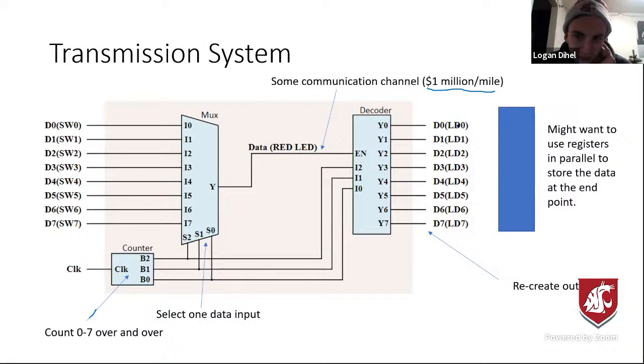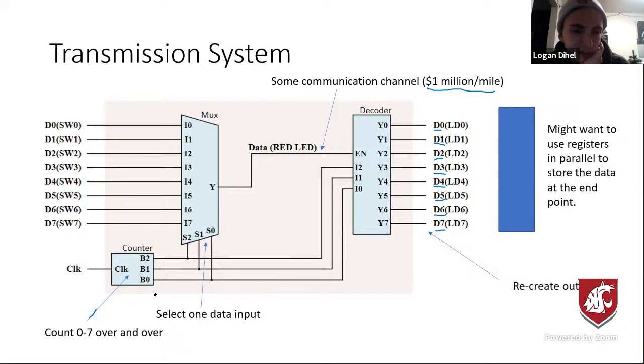In some real life system, you'd probably want to memorize this output and then store it somewhere. But that's not critical for the exam. So that's just an example. There's not really a lot to take away from there. Just understand when a mux is used, when a decoder is used, what a counter is. Counters are going to be very important on this exam.